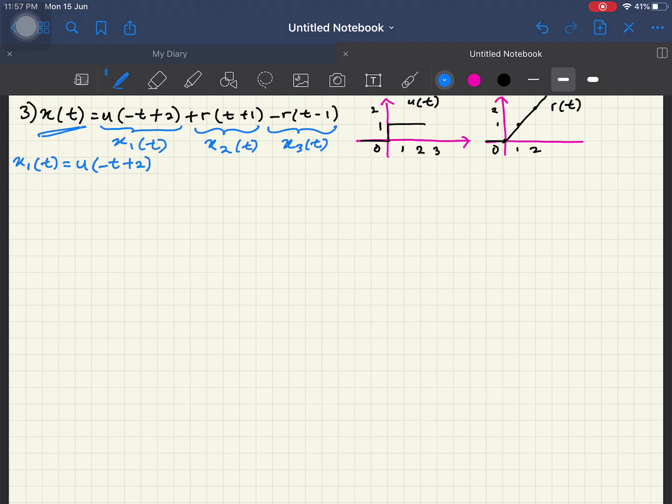This simply means you have the unit step signal here. The time is inverted because of this negative, and at the same time shifted to the left by positive 2. If I am to plot the graph for this signal, this is how it's going to look.